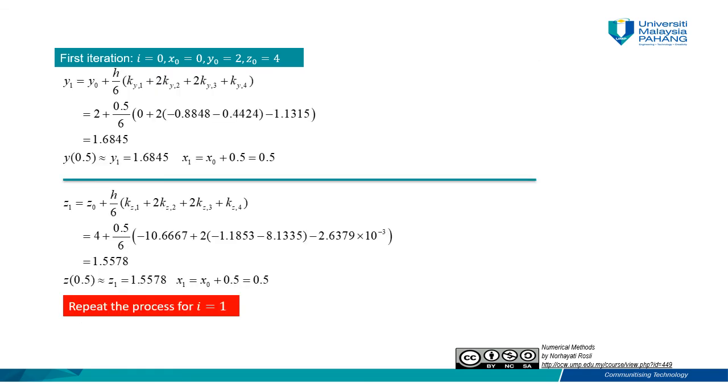After we have calculated from k1y until k4z, we just substitute into the formula. So this is the value for y1 and this is the value for z1. This is for the first iteration only. That means we now have the values for x0, x1, x2, y0, z0, y1, z1.